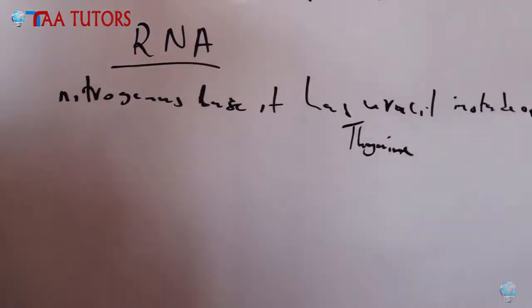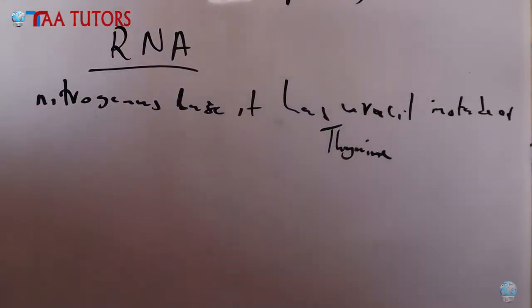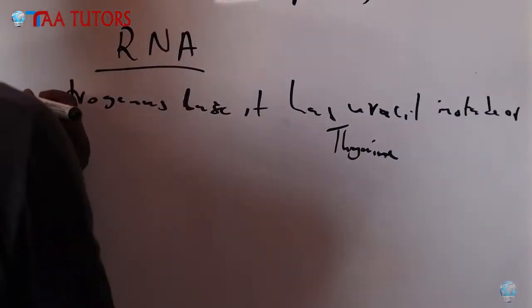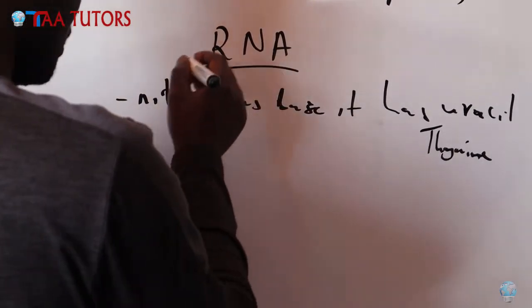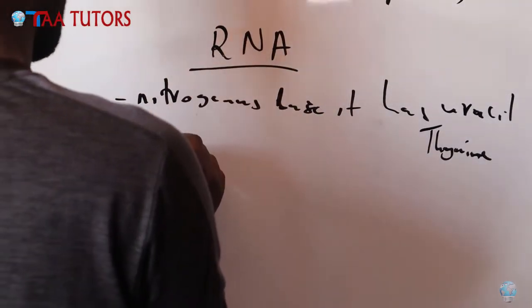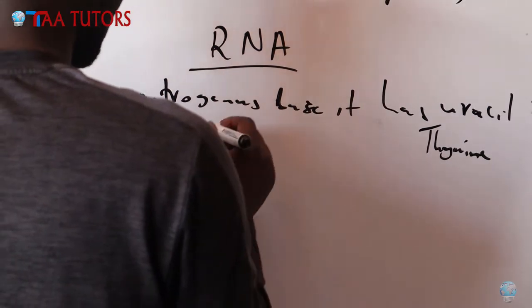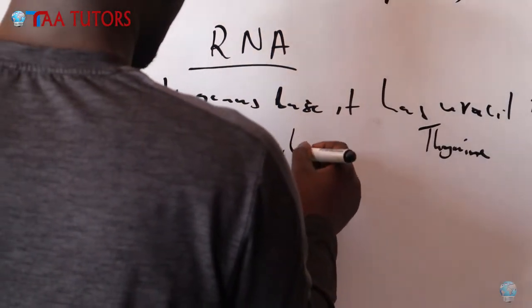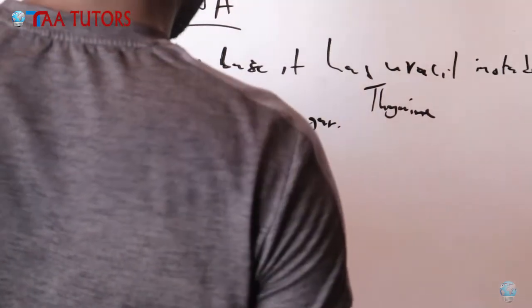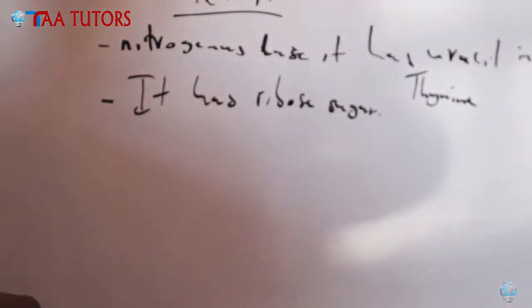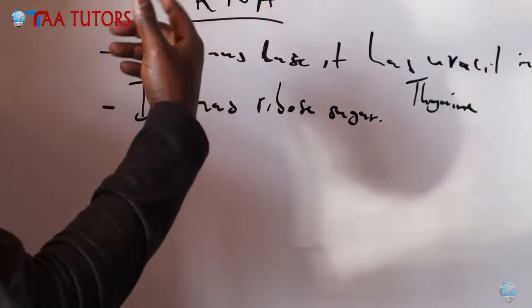Now RNA has the ribose sugar. Remember, the DNA has the deoxyribose sugar, a pentose sugar, while this one has the ribose sugar. These are differences that we can locate between the RNA and the DNA.